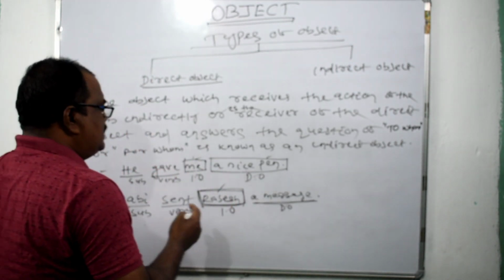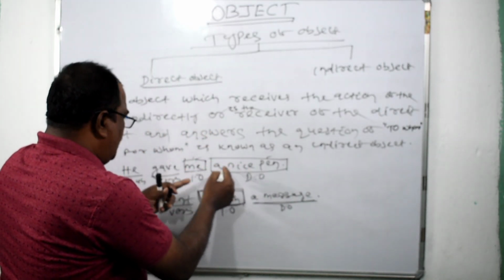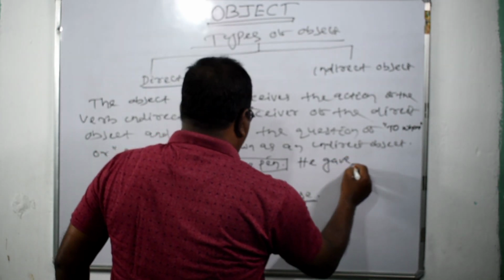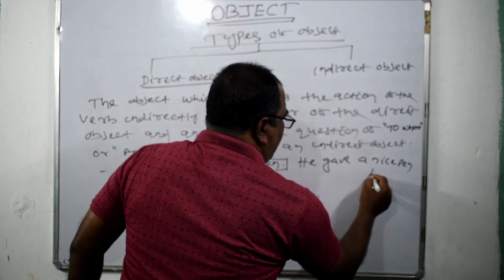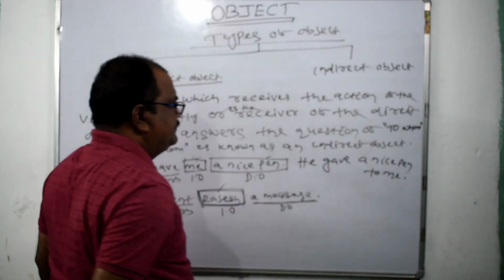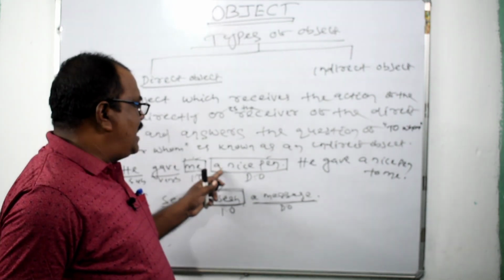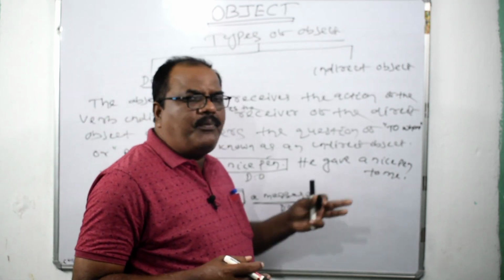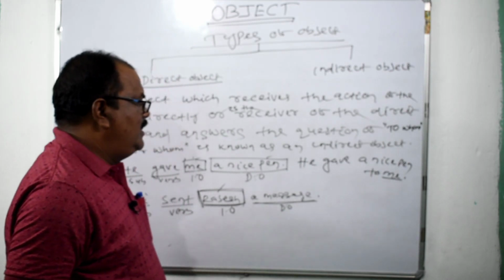Now, we can alter the position of these two objects. He gave a nice pen to me. When the indirect object is used after the direct object, as per the meaning, the preposition to or for is used before the indirect object.